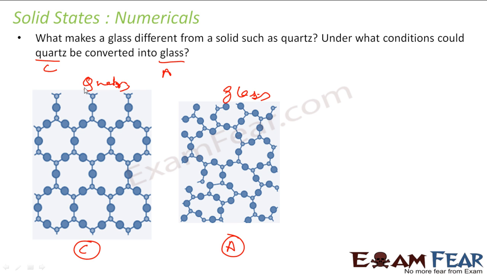Now the question is, how will you convert quartz to glass, that is from crystalline to amorphous? As I told you, nature favors crystallinity because it gives time for all the constituent particles to arrange themselves.